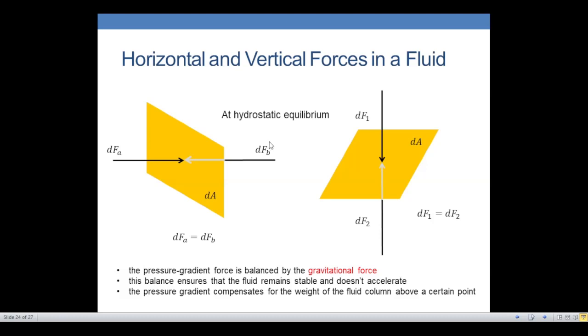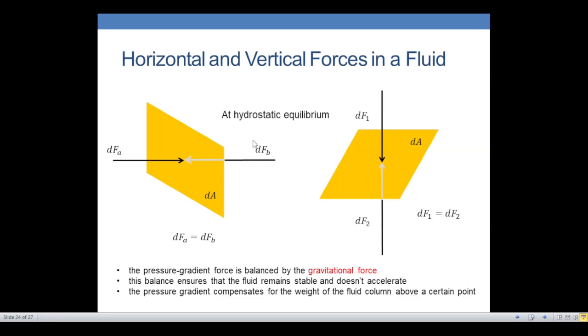So, for example, if we put a particular film inside the fluid, what will be the magnitude of the force? Take note, it is at hydrostatic equilibrium. What is the magnitude of the force coming from this direction and also from the opposite direction, given a particular area, or the dA?